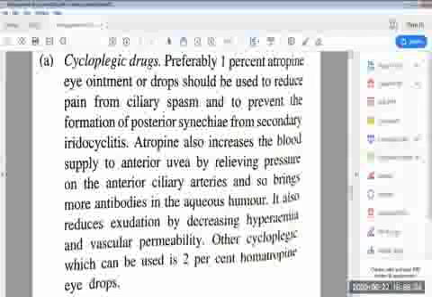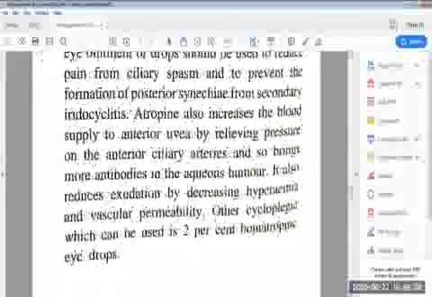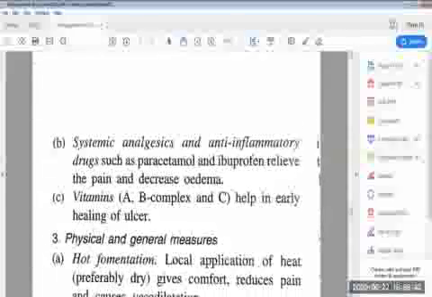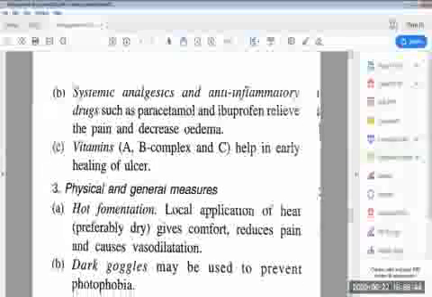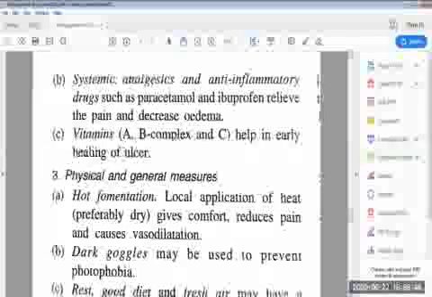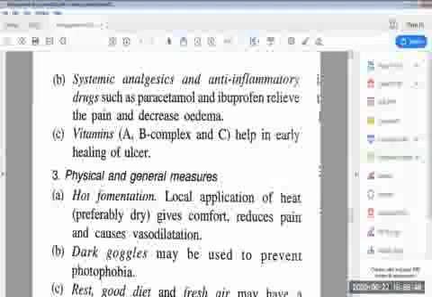Other cycloplegics other than the atropine, which can be used in 2%, are homatropine eye drops. Then next is the systemic analgesics and anti-inflammatory drugs such as paracetamol and ibuprofen, which relieve the pain and decrease edema. Then vitamins, vitamin A, vitamin B complex and vitamin C, they all help in the early healing of ulcer.